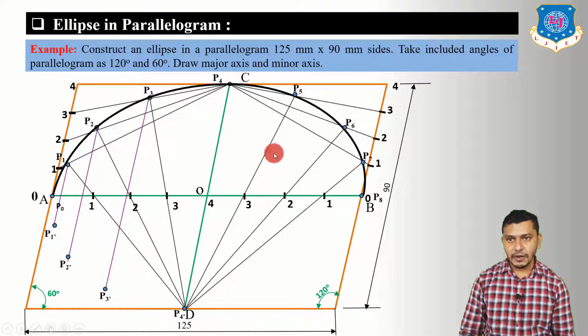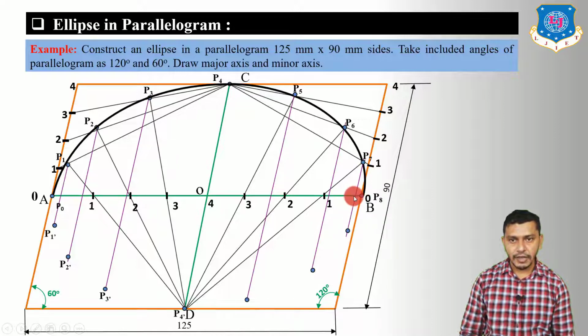Apply the same method over here. Draw lines parallel to line CD from P5, P6 and P7 and mark the points likewise. So for that what we have to do? We have to measure P7 from this intersection point and mark the point P7 dash below the line at the same distance from this intersection point to P7. So mark this point.